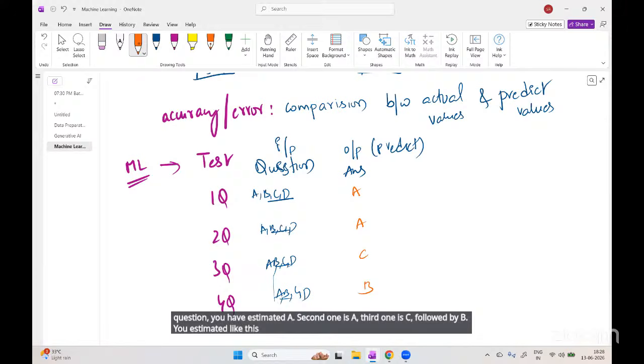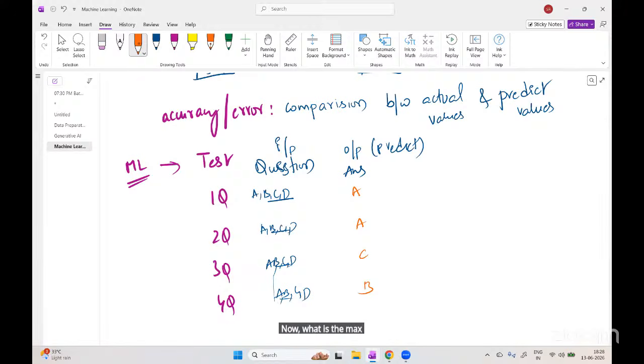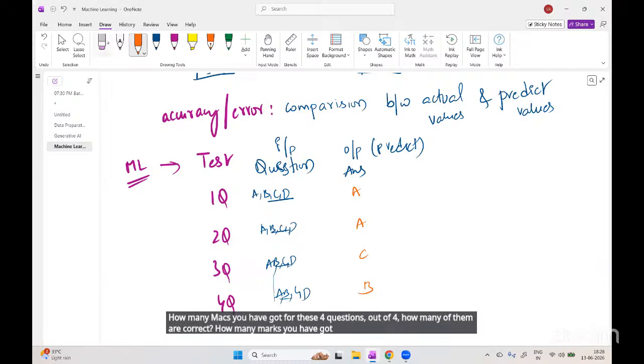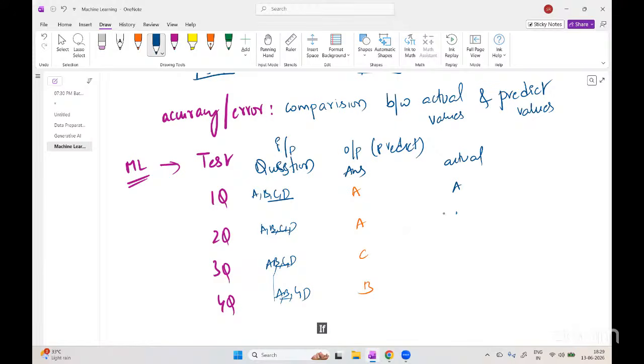Now, how many marks have you got for these 4 questions? Out of 4, how many of them are correct? Now, these are estimated values, but I require the original values, that is actual values. If actual values are A, B, C, and B, this is the actual. Now, how many marks have you got? 3 marks.